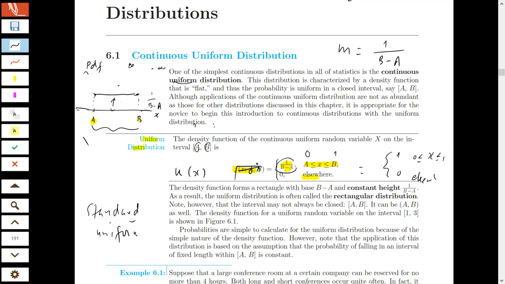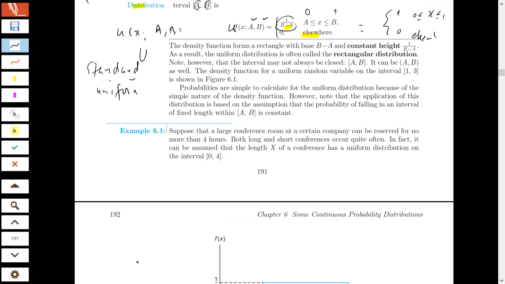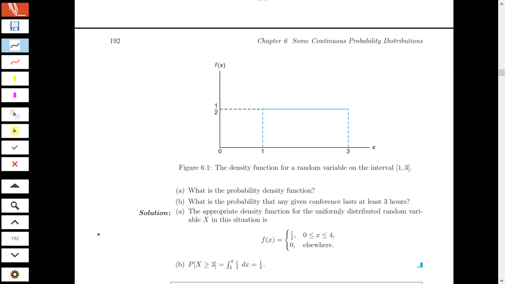Here we are not using 0, 1, so you can use a general symbol f. You can also use a small u if you want, because a and b will be there anyway. So you can say u of x, a, b, u for uniform, and then capital U will be for the CDF, right? So this is how it will look.